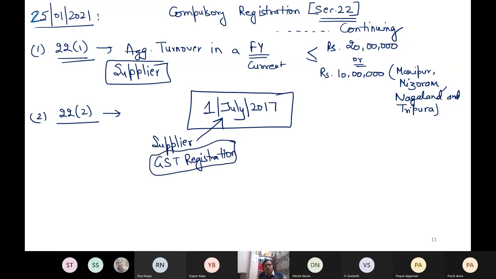So it was necessary for the government to give some days in advance so that people can apply for registration, so that they are ready with their registration number on 1st July. So that is known as appointed day. An appointed day is fixed in the Act as 22nd June 2017.